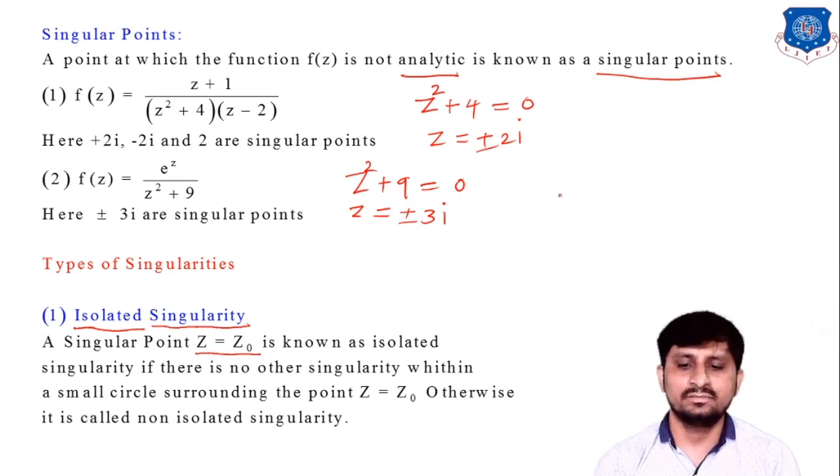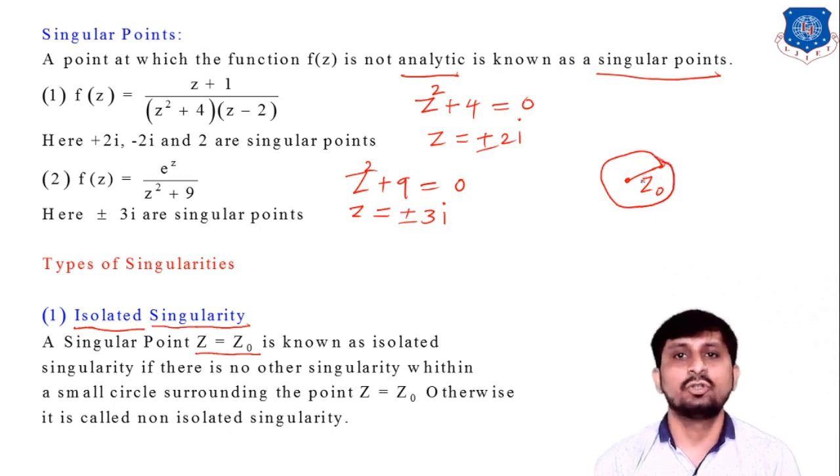That means suppose z0 is a singular point, and we can define a small circle with center z0 in which there is no other singular point except z0. So we say z0 is called an isolated singular point.